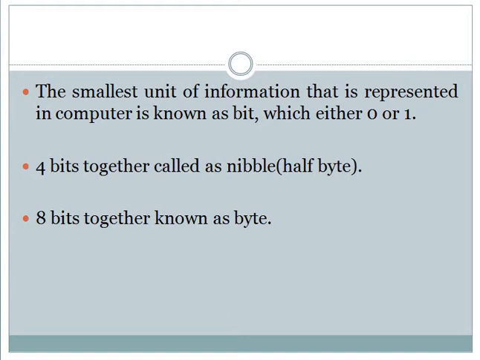These are the things that we have already seen. So 4 bits together are called a nibble, that is half a byte. 8 bits normally we call a byte, half a byte we call a nibble. So 8 bits together are known as a byte.